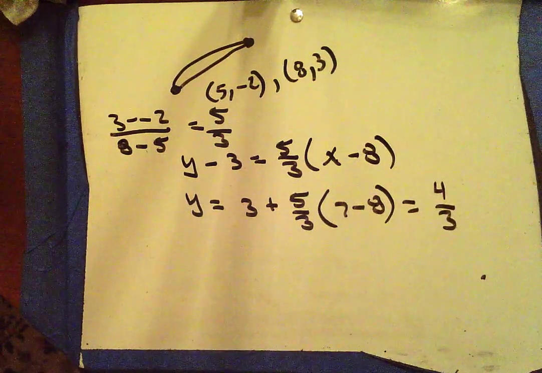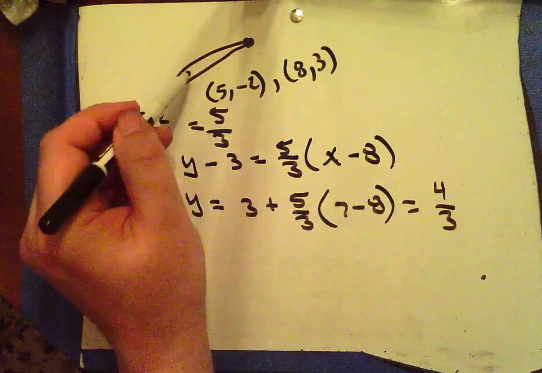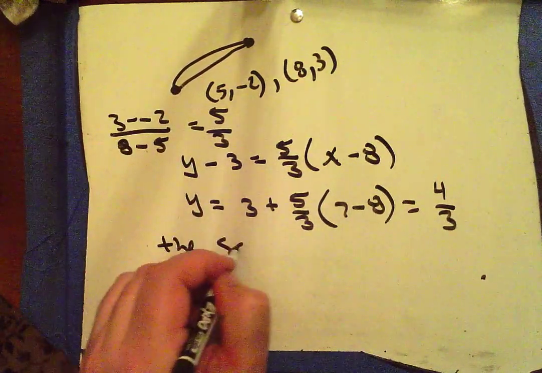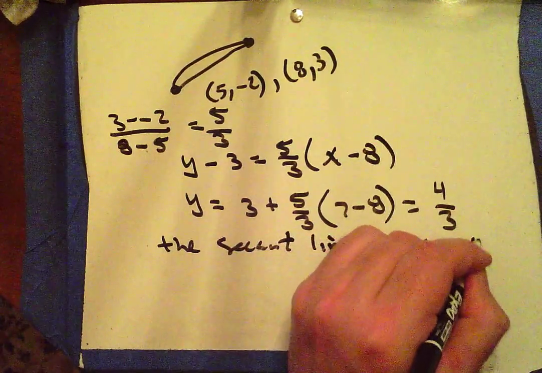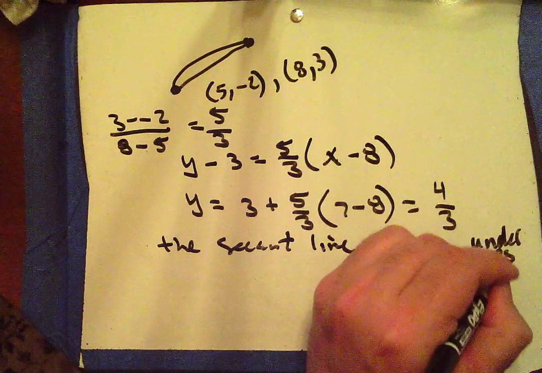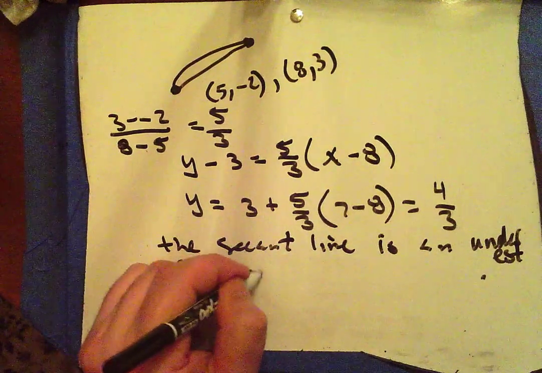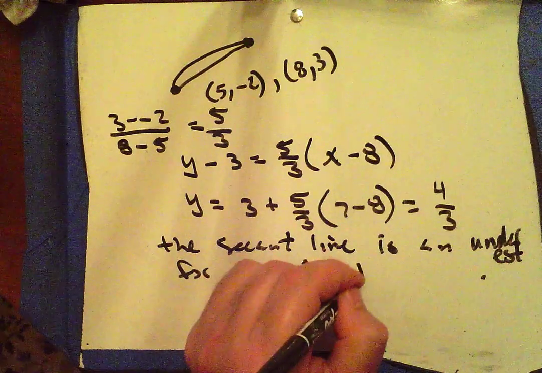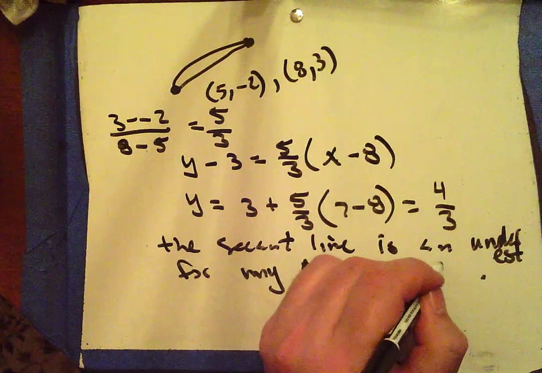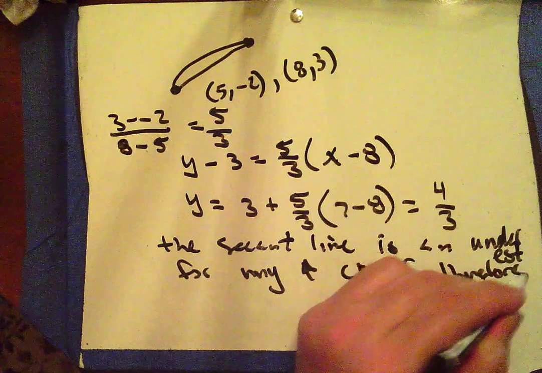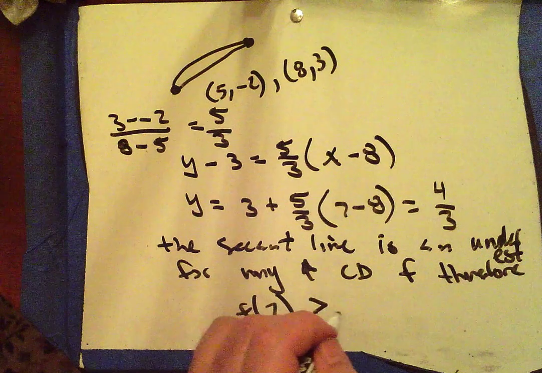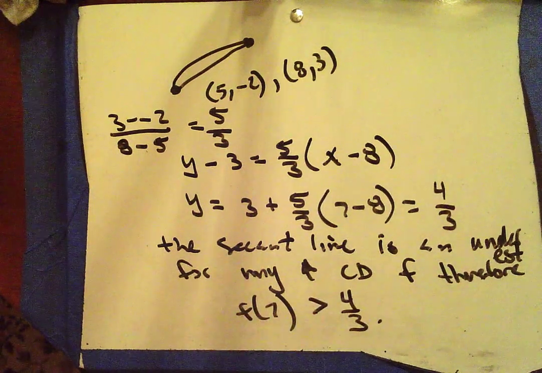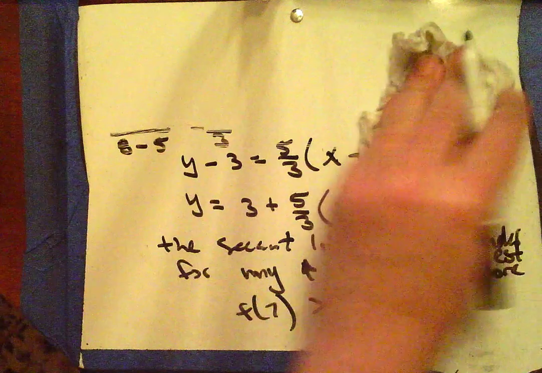Okay, so this time I get 4/3, and I want to say, hey, look, the secant line is an underestimate for my increasing concave down f. Therefore, f of 7 has to actually be bigger than 4/3. Okay, whole bunch of work in 6D, but not so hard, just a whole bunch of work.